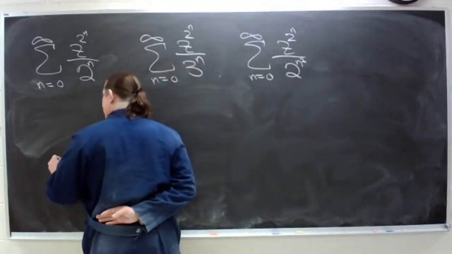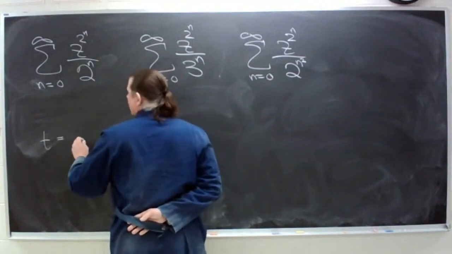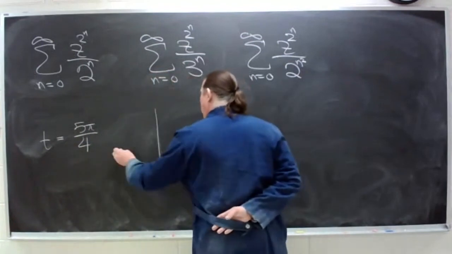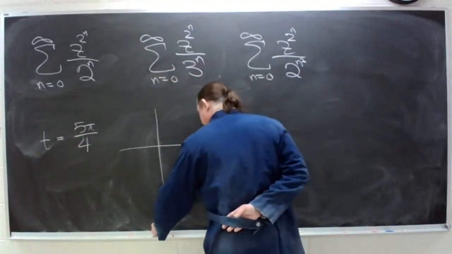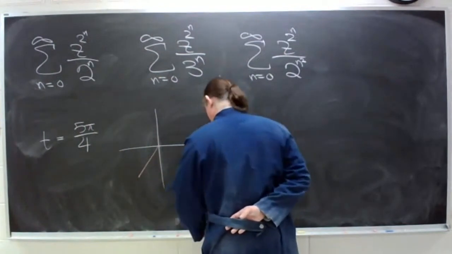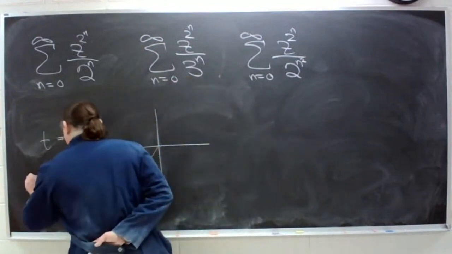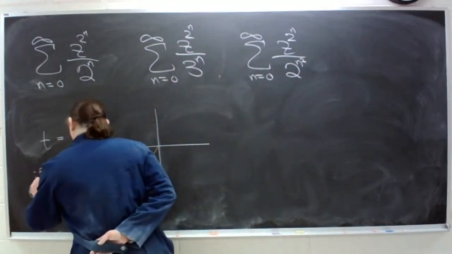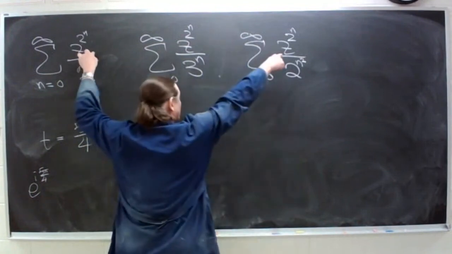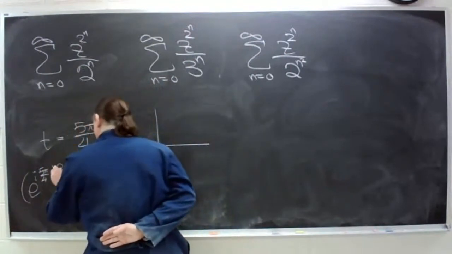Suppose that I had a direction t equals 5 pi over 4. So that's here. I went in that direction. Now, in that direction, I would have e to the i 5 pi over 4. For all of these functions, I'm doing z to the 2 to the n.